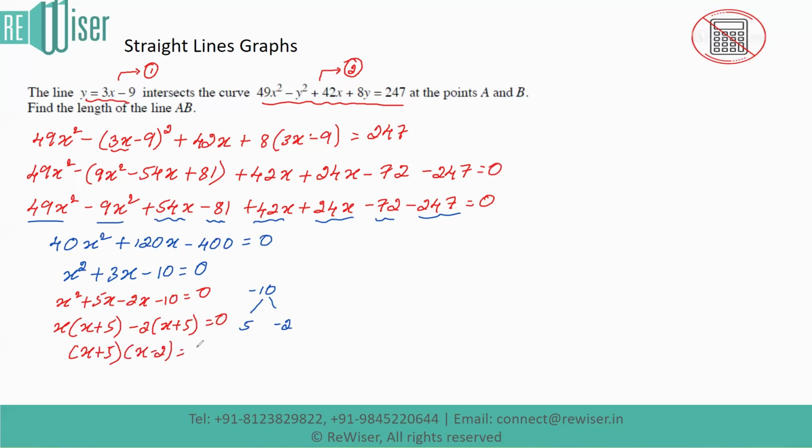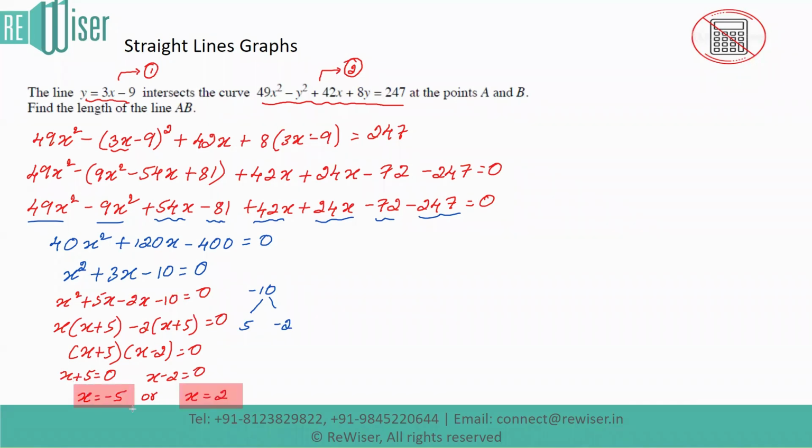So we get two possible answers for x. Whenever the product of two terms equals 0, we can equate each term to 0. Either x plus 5 is 0 or x minus 2 equals 0. So the value of x has to be negative 5 or positive 2. These are the two possible values of x.